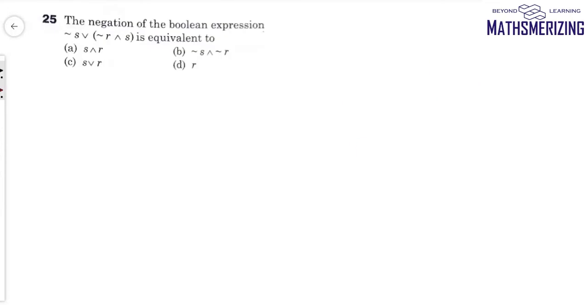Now the question is, we need to find the negation of this Boolean expression, which is not S or not R and S. So we'll need to find the negation of this statement. First we'll simplify this. We'll use distributive law.